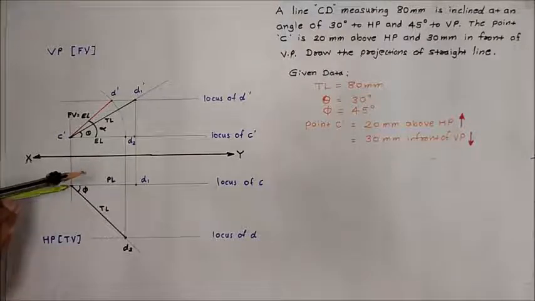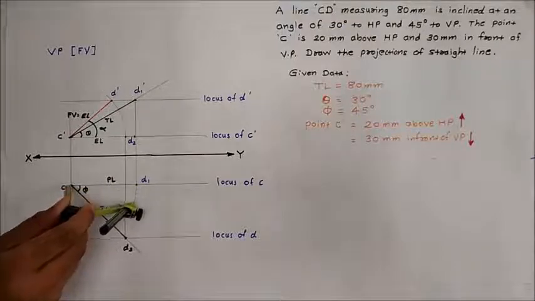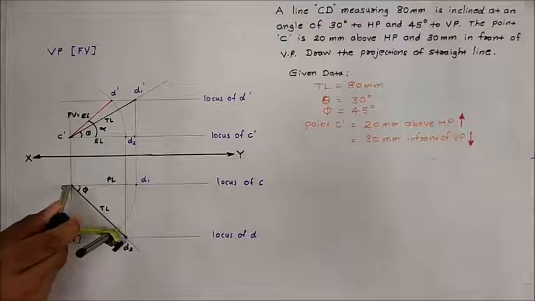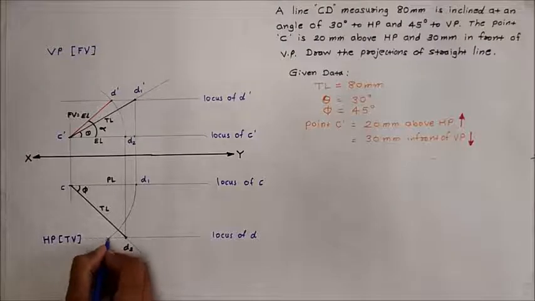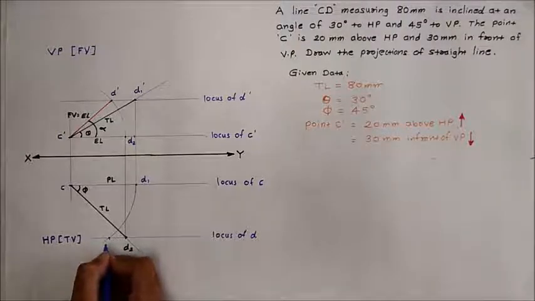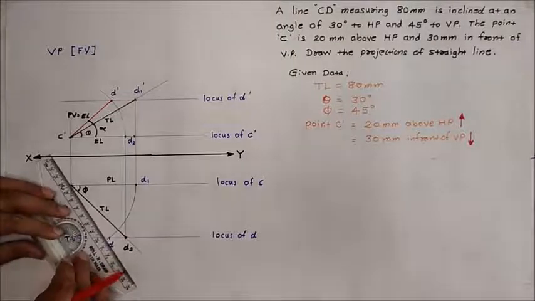Keep your compass at point C and rotate this point D1 till it meets the locus of point D. At the intersection of the arc and locus of point D in the top view, you will get a point, that is point D. Join the line C to D to get the top view of the line.